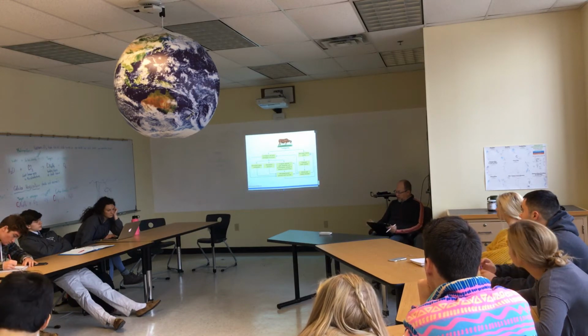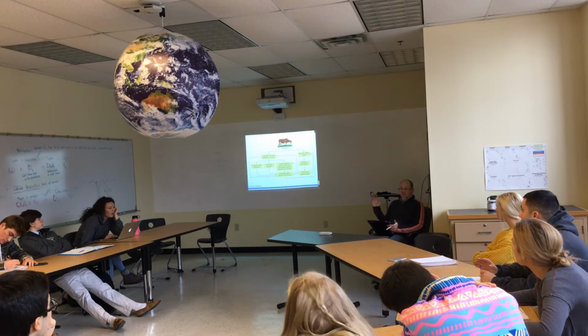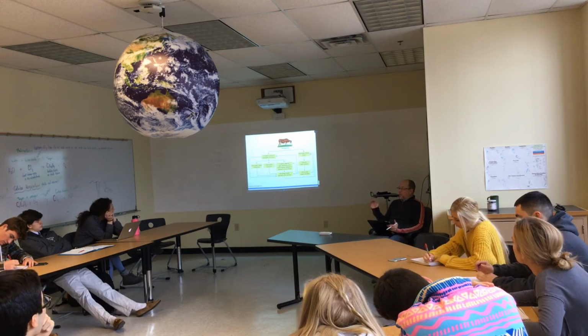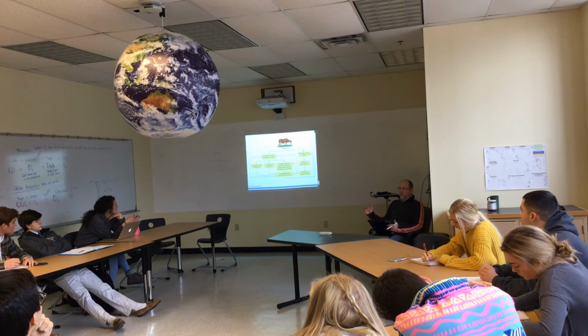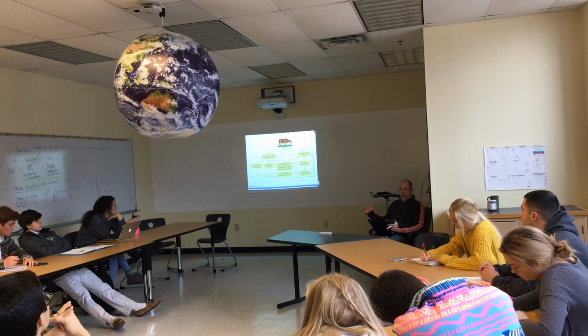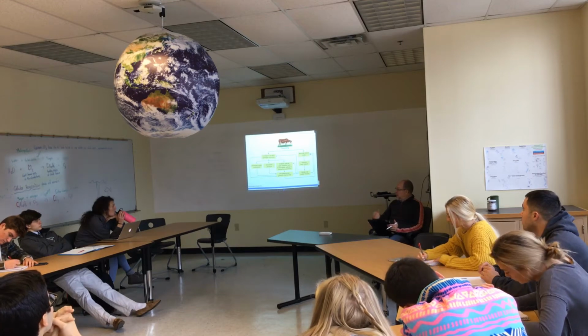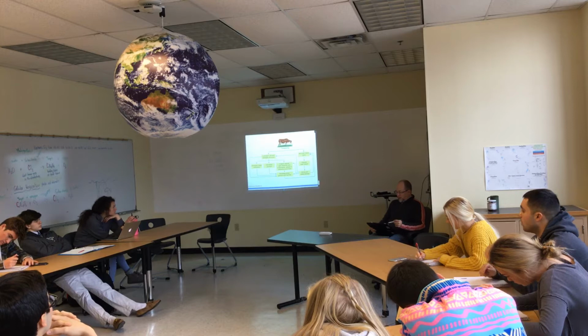So if you look at this diagram, this is a positive feedback diagram that shows that with more cattle, we get more overgrazing. With more overgrazing, we get more soil erosion. With more soil erosion, we get more invasive species. And then it feeds itself. So let's follow a couple of these lines here. We have overgrazing.